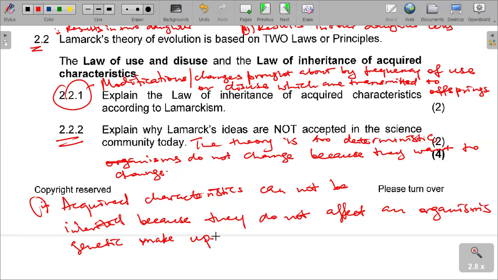So they cannot be inherited. So these are the reasons why the theory was declined. It is too deterministic, and also acquired characteristics cannot be inherited because they do not affect an organism's genetic makeup. Hence, those are some of the factors that made the theory to be rejected as well.